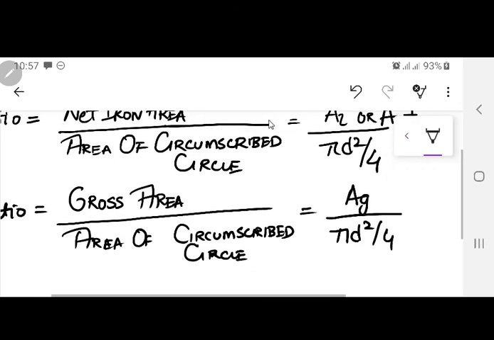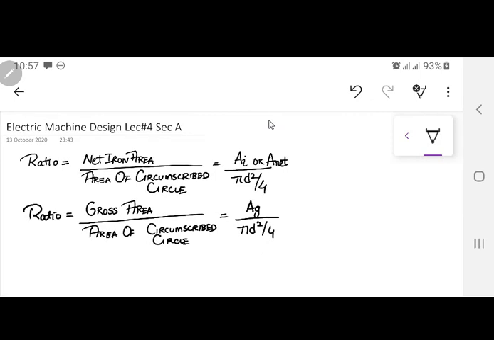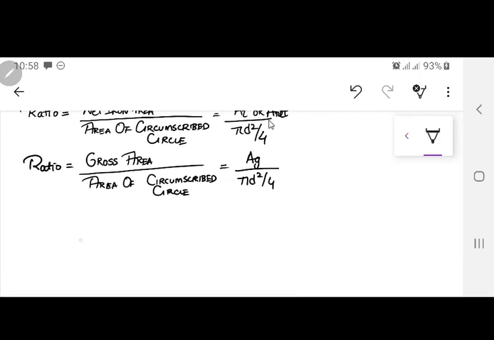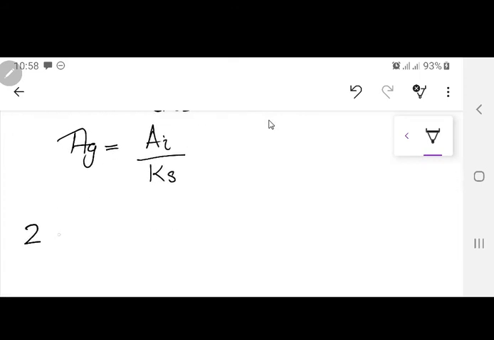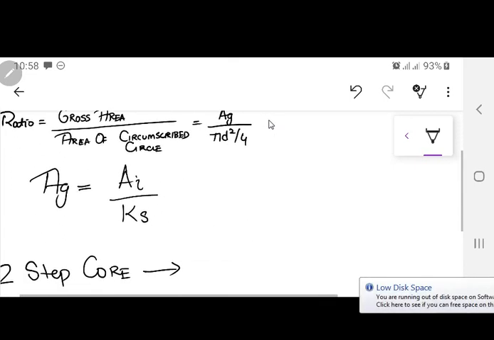Now over here, if you remember, we talked about two areas, and the relationship between these two areas: AG was equal to AI divided by KS. And what was KS? KS was the stacking factor that was in the range of 0.85 to 0.9. Now, if you are working on a two-step core, let me call this ratio, actually it's not written in the book, so I will just go with this one.